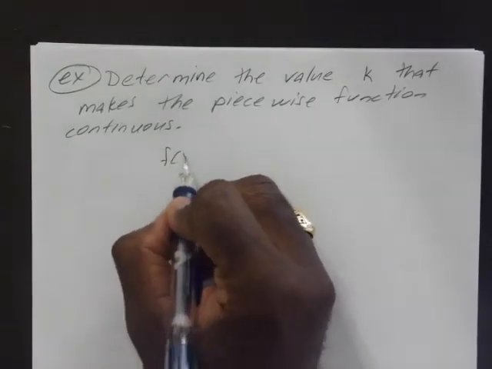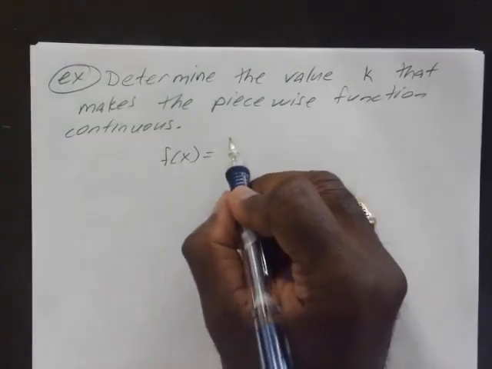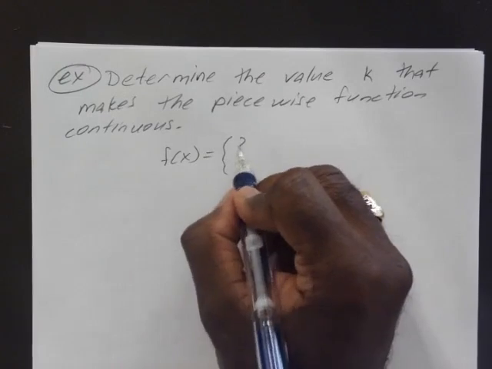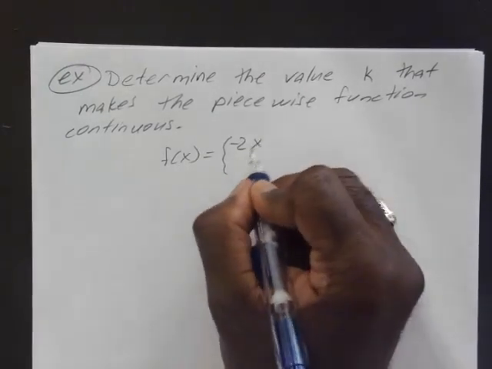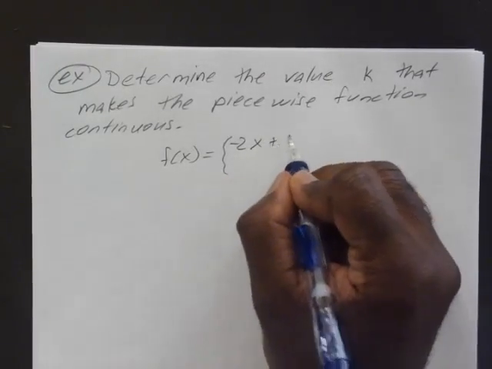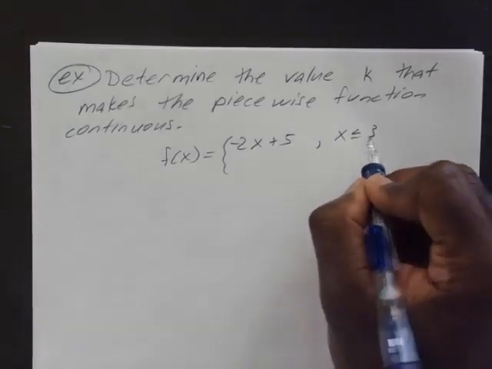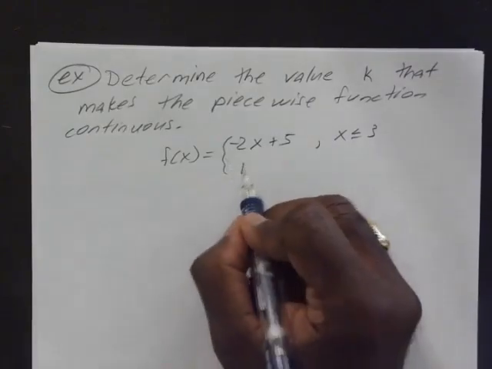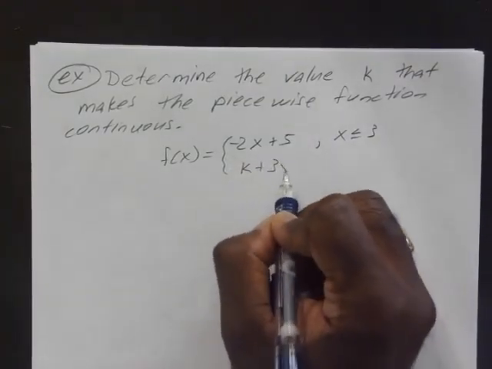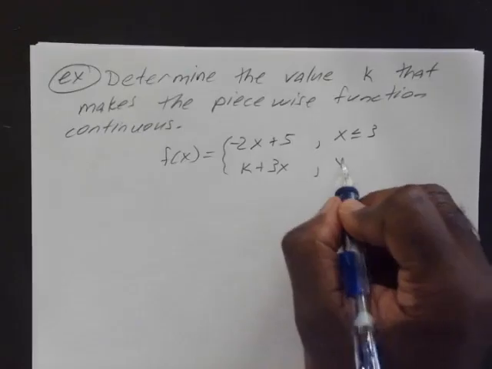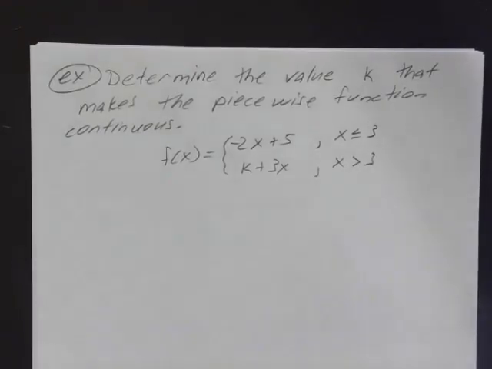So let's say if we have f of x is equal to negative 2x plus 5 when x is less than or equal to 3, and k plus 3x when x is greater than 3.